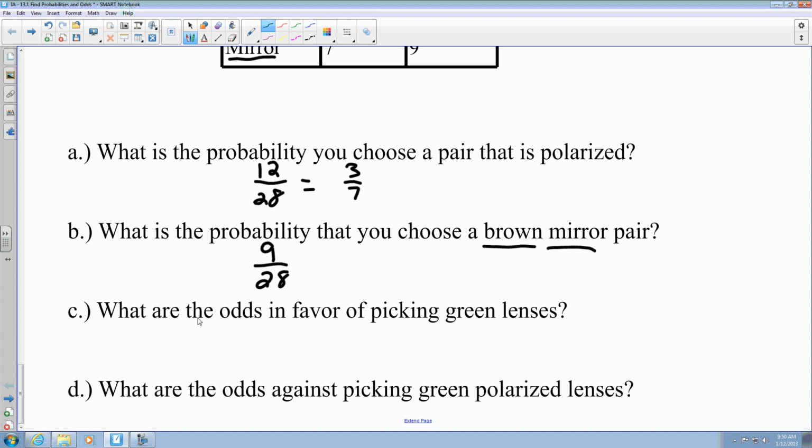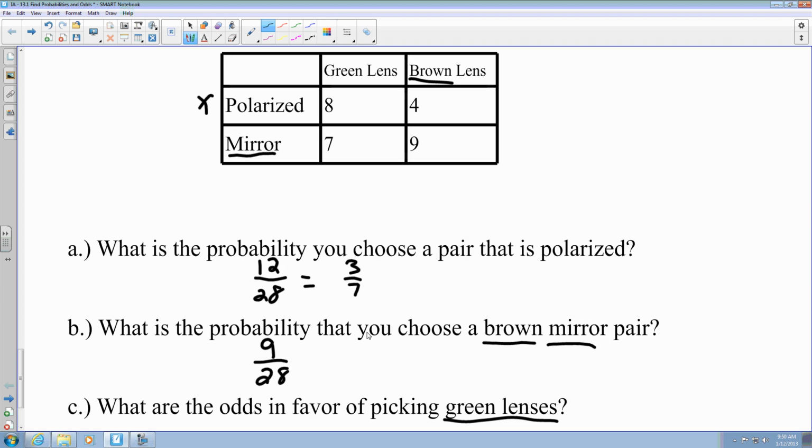C, they're asking what are the odds in favor of picking green lenses. So odds in favor mean the number of favorable outcomes over the number of non-favorable outcomes. So I have me picking a green lens. So just green, it doesn't matter if it's polarized or mirrored.